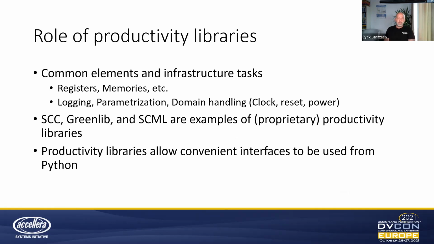One important thing here to note is productivity libraries, making common elements and infrastructure tasks accessible, are very handy here. Examples for such productivity libraries are the GreenLib, the SystemC Components library, SCC, or the SCML, which are partly open source, partly not open source libraries.